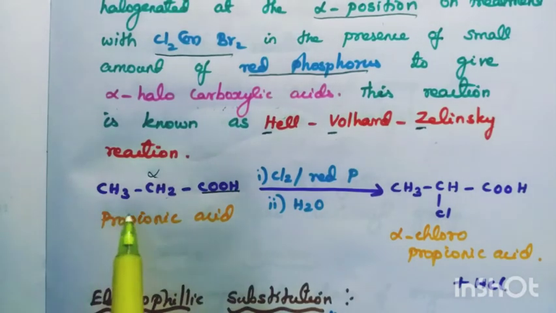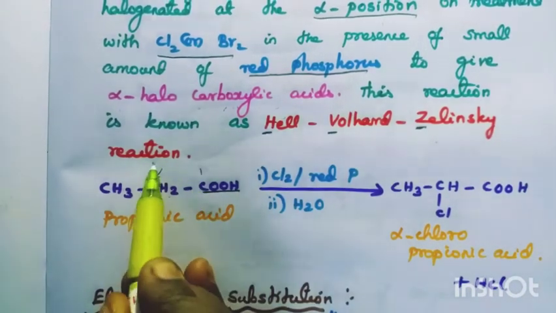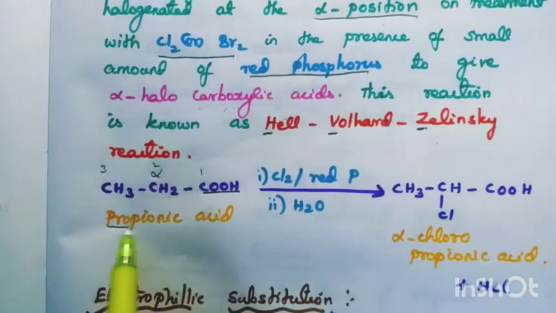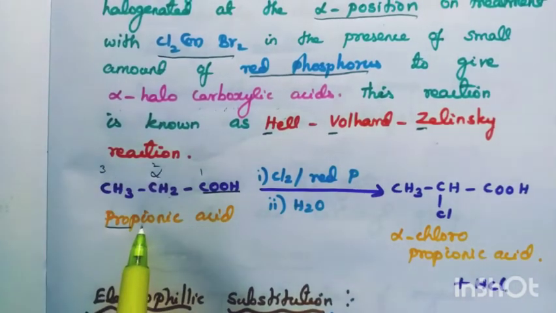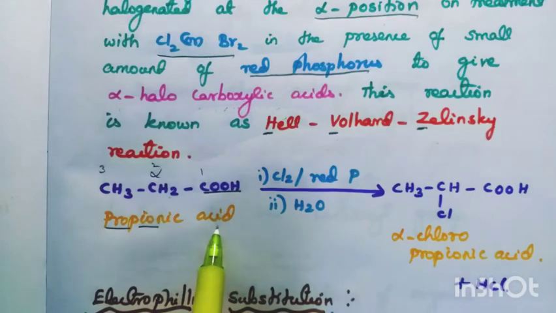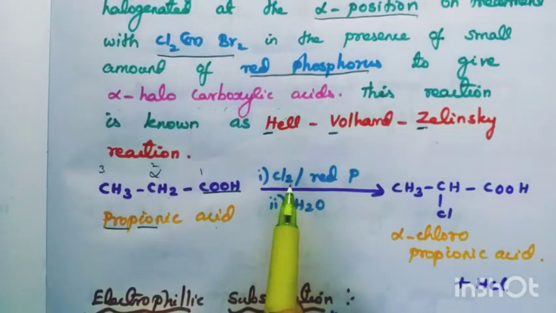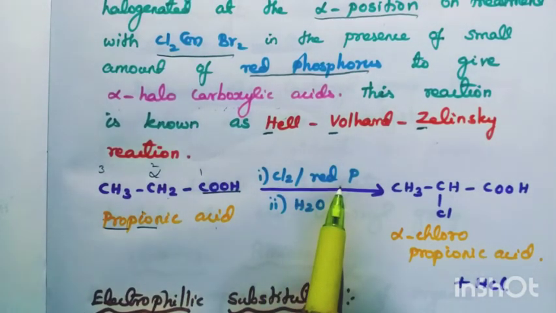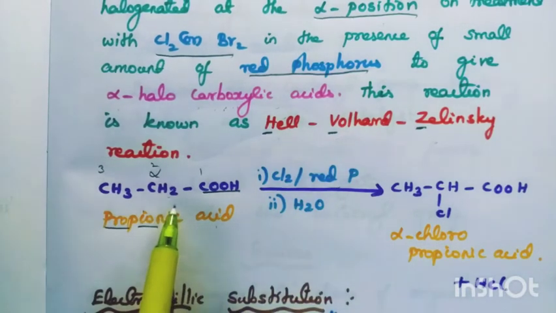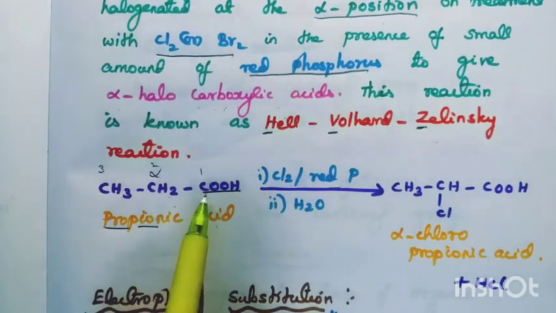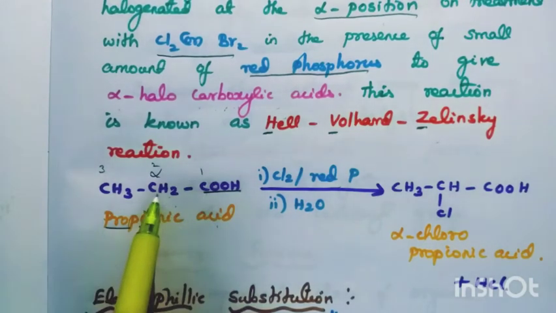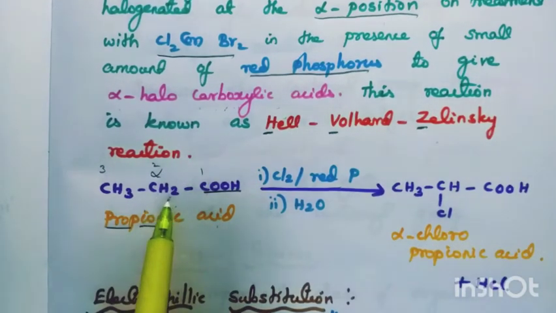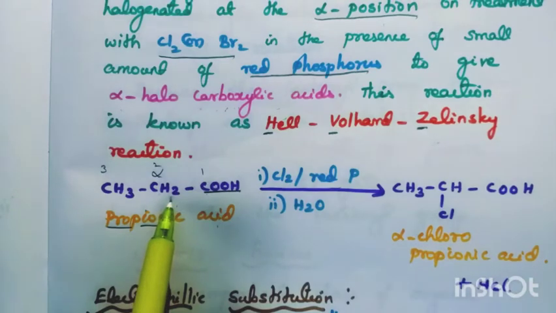Now let's see the HVZ reaction. That is propionic acid, with 3 carbons, and we write the common name. Reagent: chlorine with red phosphorus. The reaction takes place at the alpha position. Does the compound have any alpha hydrogen? Yes. The carbon adjacent to the functional group is the alpha carbon, and the hydrogen on it is alpha hydrogen.